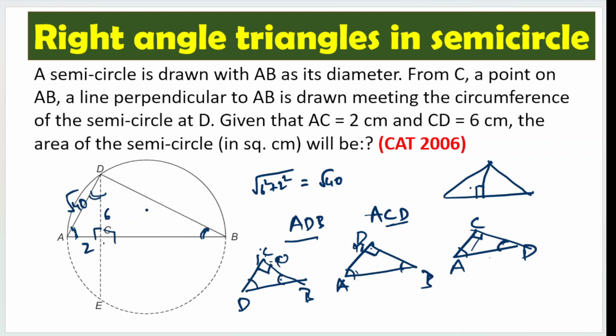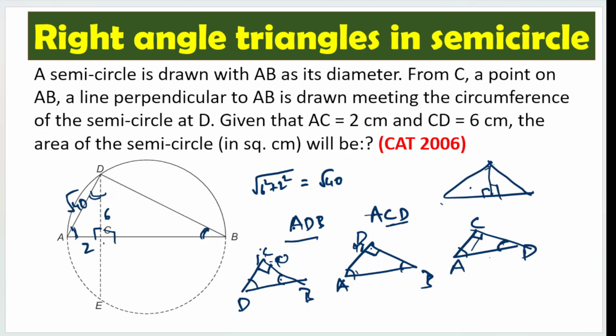So essentially, if you draw a perpendicular onto the hypotenuse of any right angle triangle, it creates two right angle triangles similar to the parent. We have proved both of them.